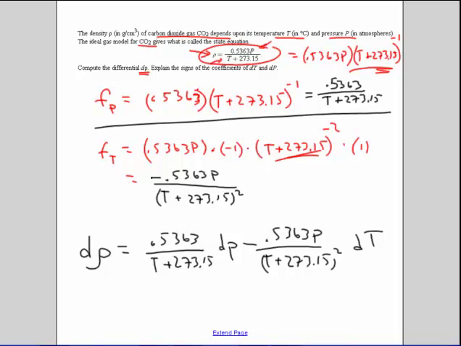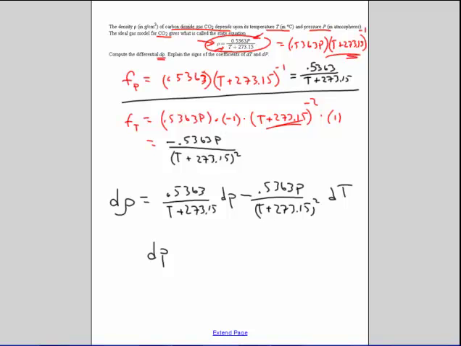And what do the signs of those coefficients mean? Well, the coefficient of dp is greater than 0, so as the pressure increases, the density will increase.